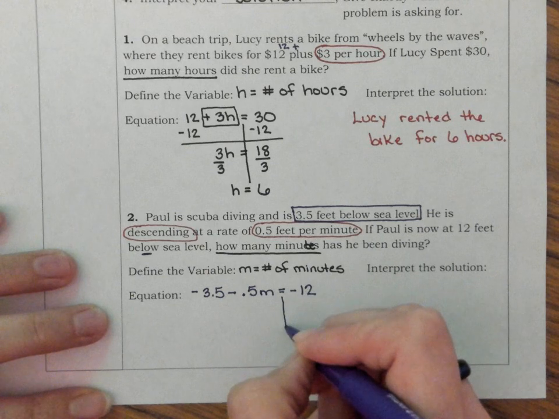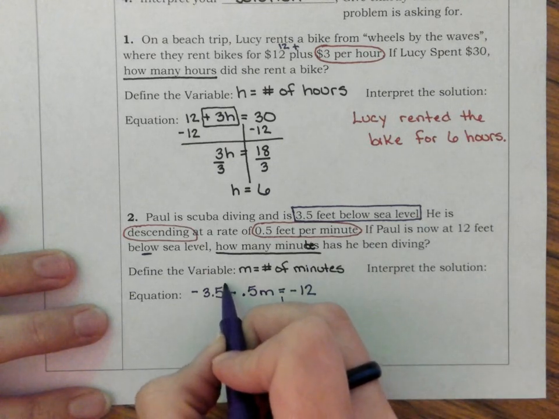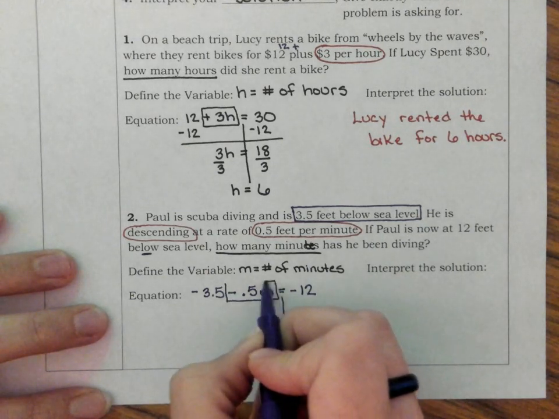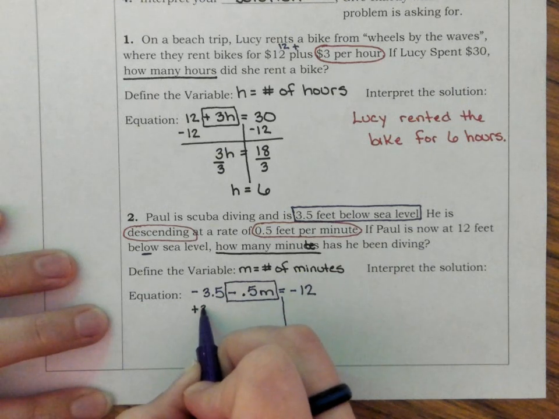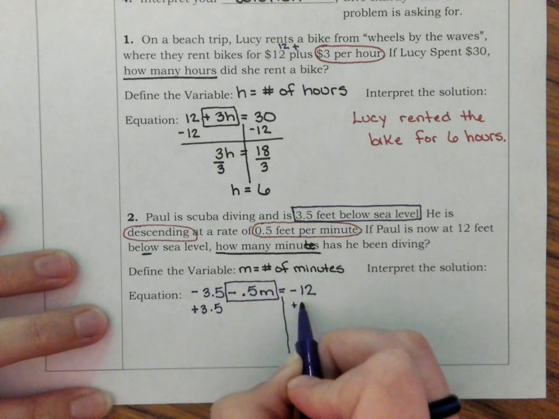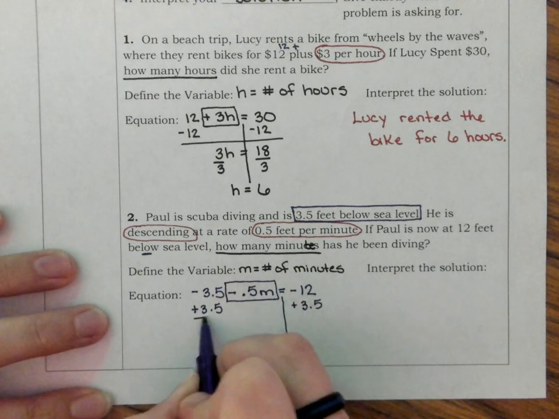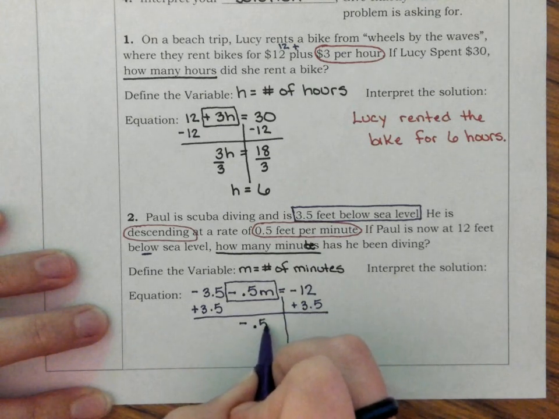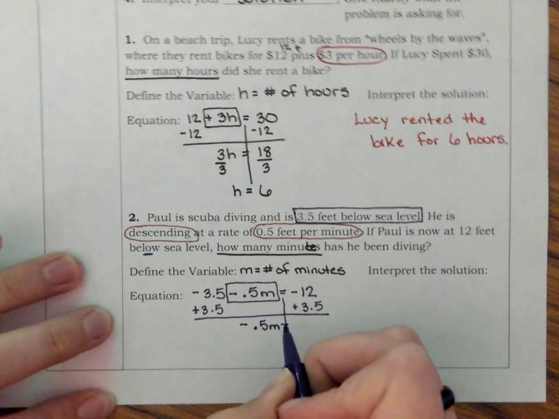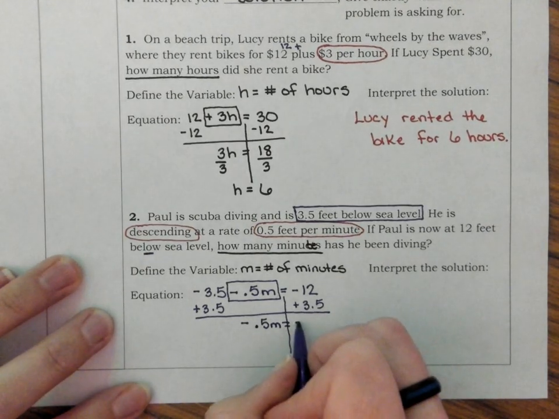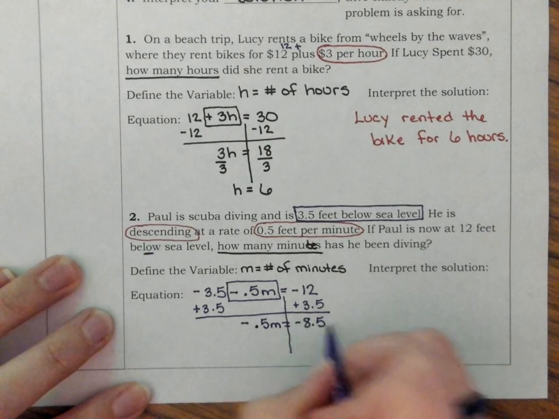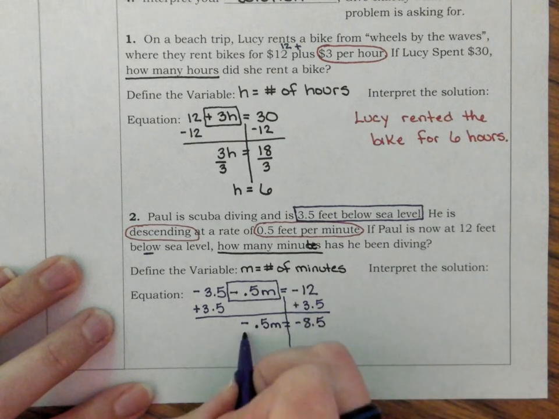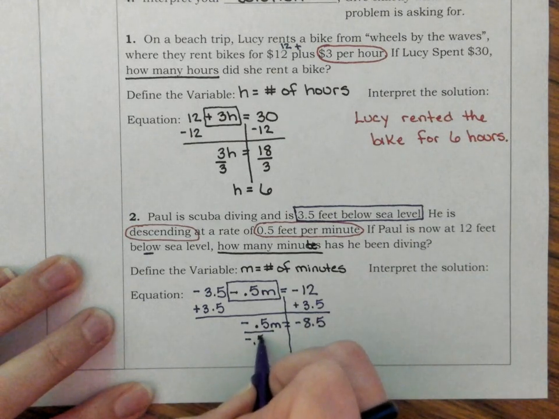So brick wall, box in your variable, add 3.5 to both sides to create your zero pair. Bring down your negative 0.5m equals negative 8.5. And then we divide both sides by negative 0.5.